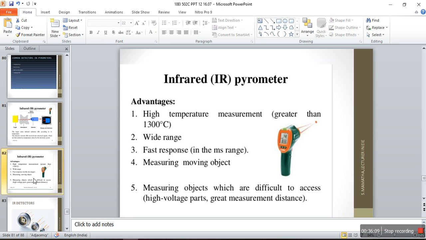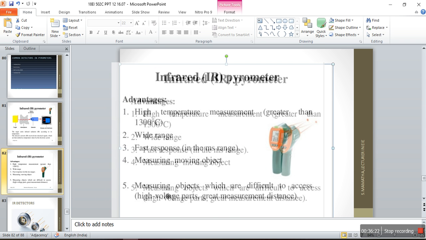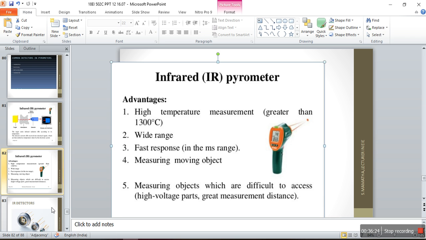What are the advantages of IR radiation pyrometers? High temperature measurement, wide range, fast response, measuring moving objects, and measuring objects which are difficult to access.